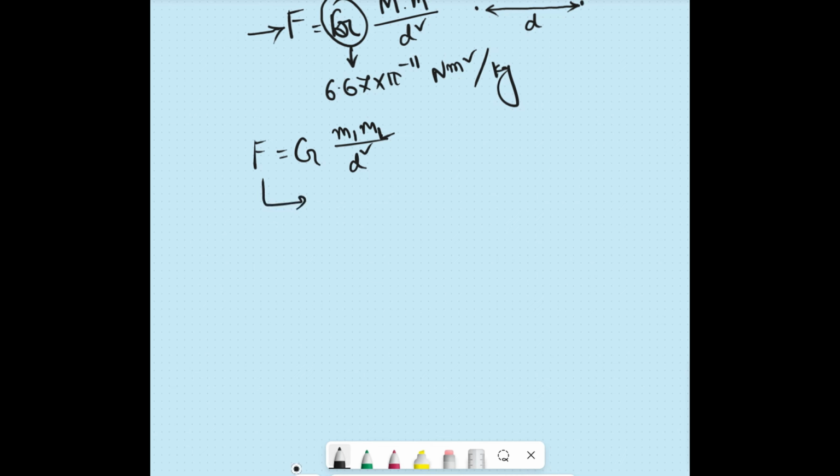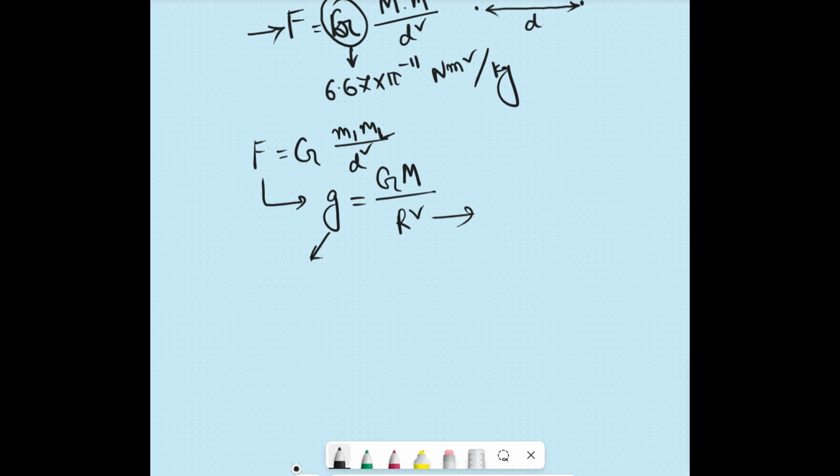From this equation we can define the acceleration due to gravity, g equals GM over R squared, where R is the radius of the earth, and we can also explain the variation of g with height.